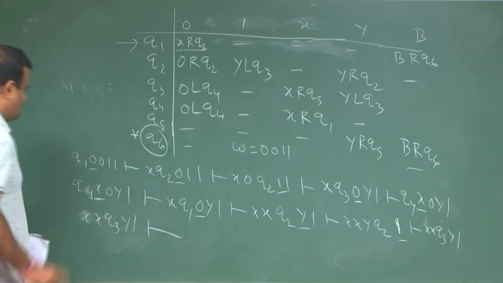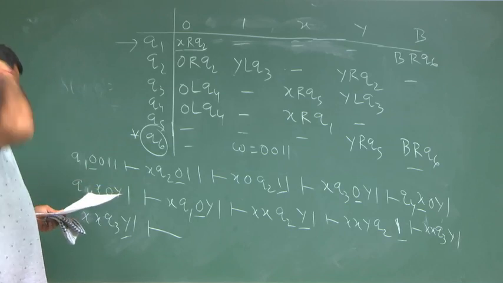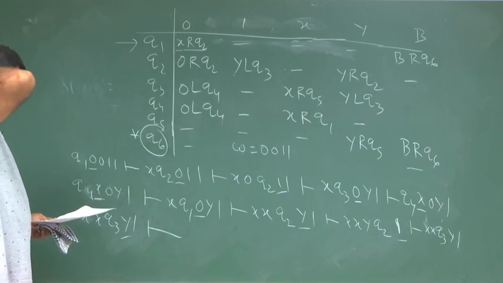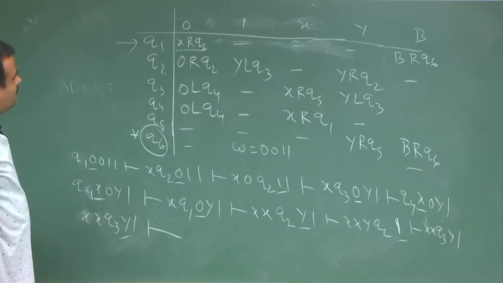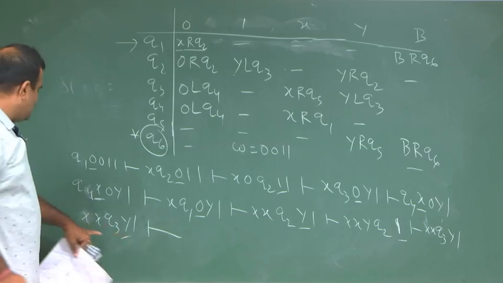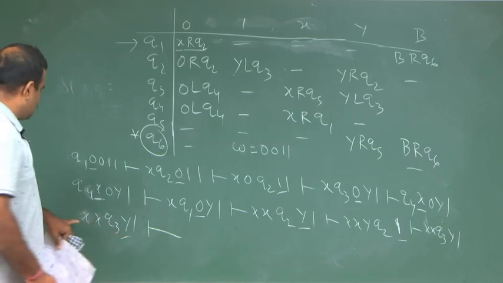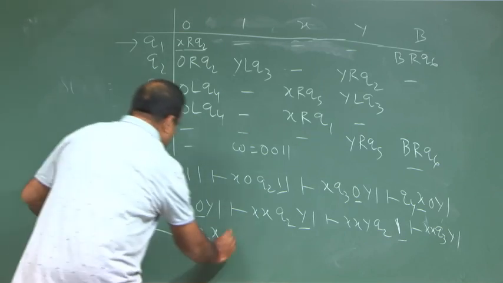Now we are seeing a y at the point of q3. So q3 with y, again it is going left, but this will remain y, and this is again q3. So it is x q3 x y 1.